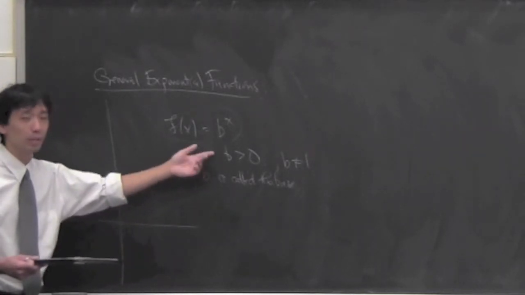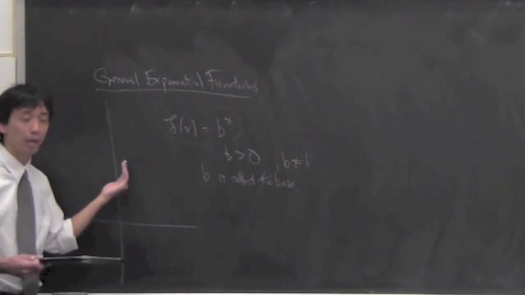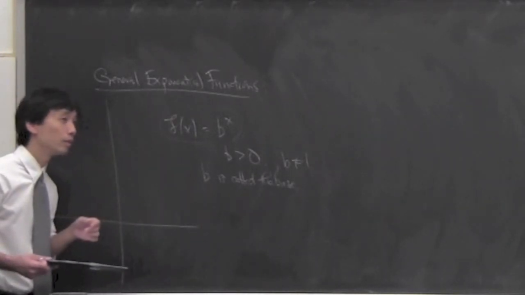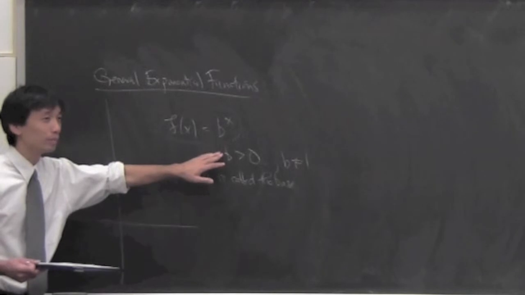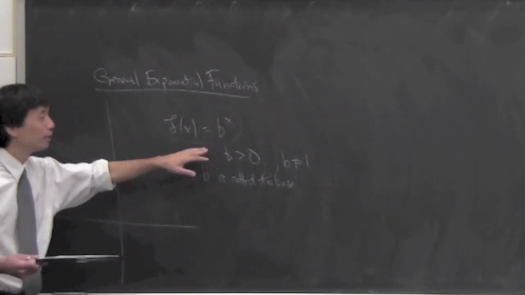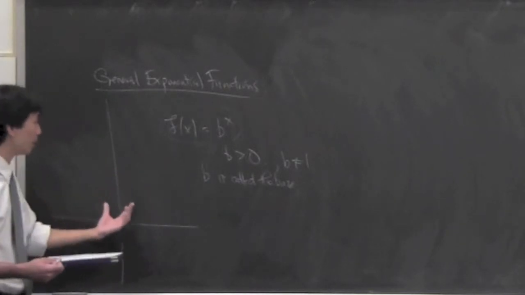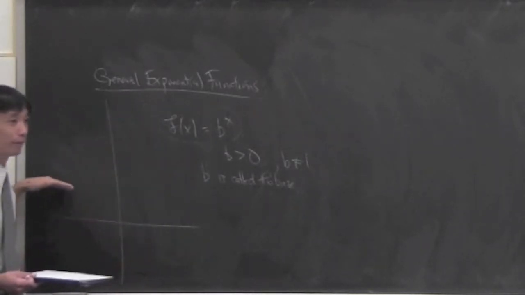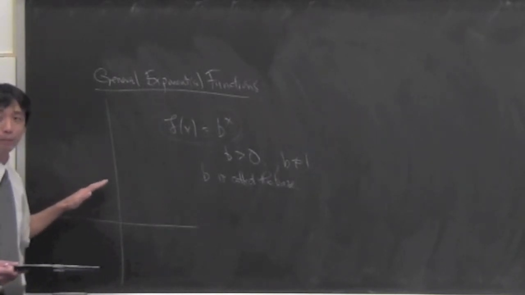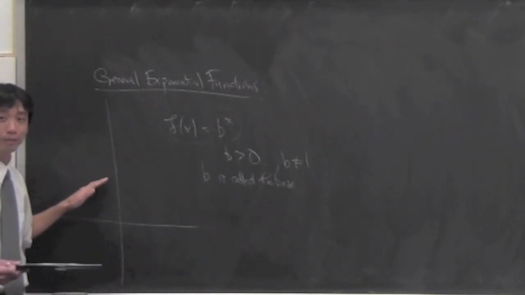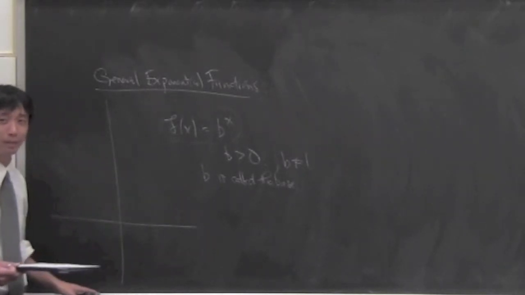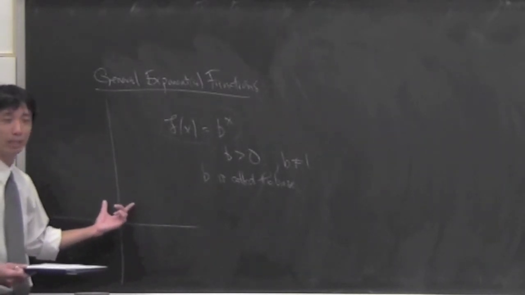Well, it depends on the base being either positive or negative? No, the base is always positive. Is the exponent positive or negative? Well, we're looking at the graph for all x, right? And then it depends on whether b is either greater than 1 or between 0 and 1. That's right. It depends on how big b is.